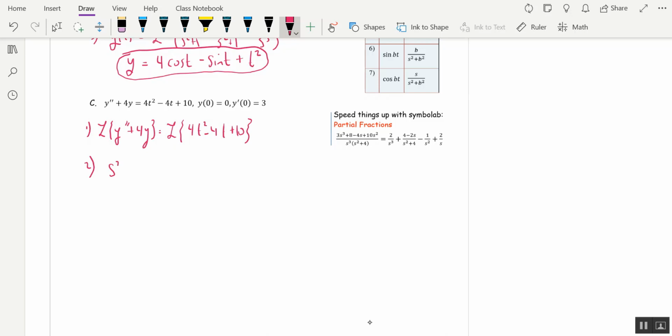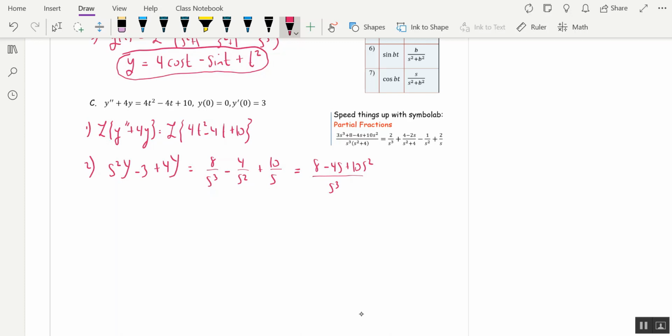We get s squared big Y, and then 0 s's, so minus 3, and then 4 big Y equals 8 over s cubed minus 4 over s squared plus 10 over s. And I'm just going to combine these as a single fraction before I go any further. That's 8 minus 4s plus 10s squared over s cubed.